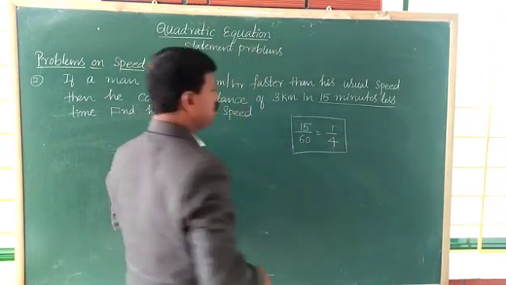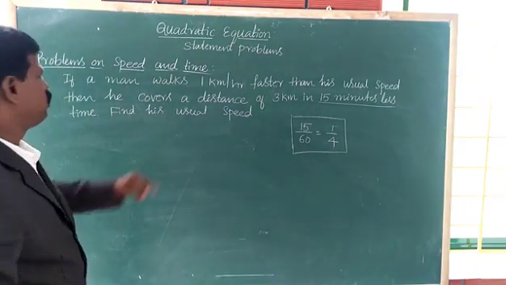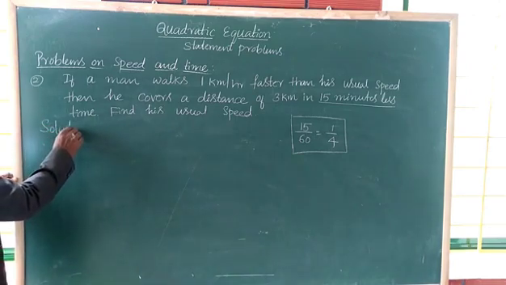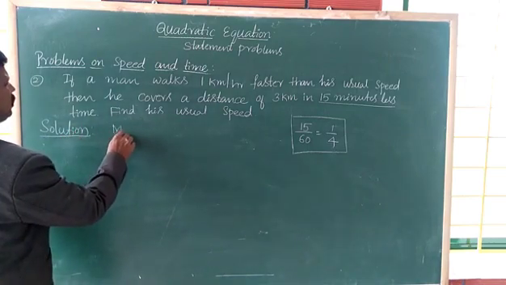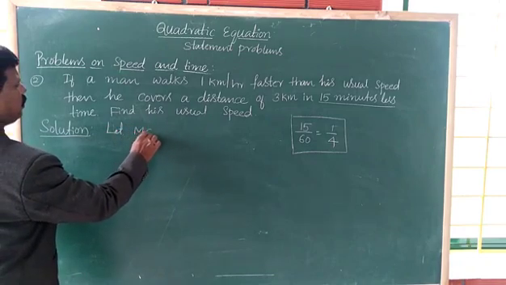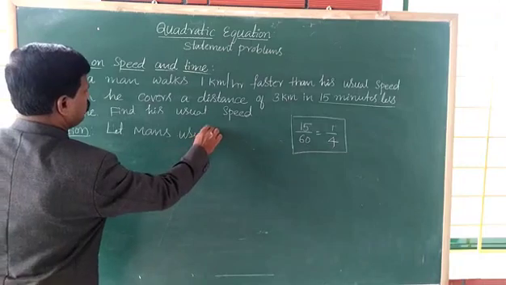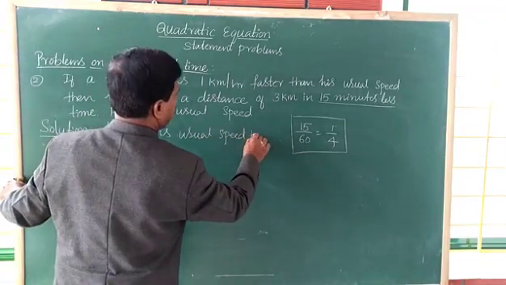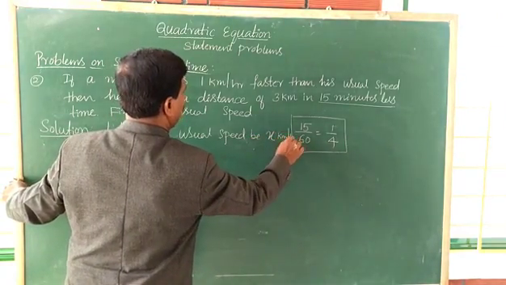This is minute to hours. Now find his usual speed. Now solution. Let man's usual speed be x kilometer per hour.